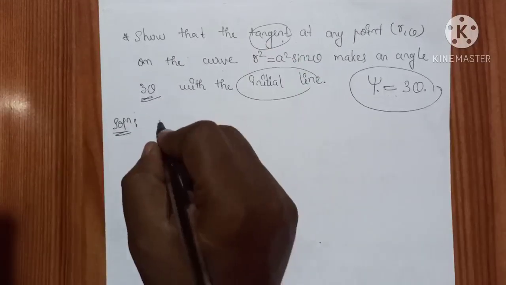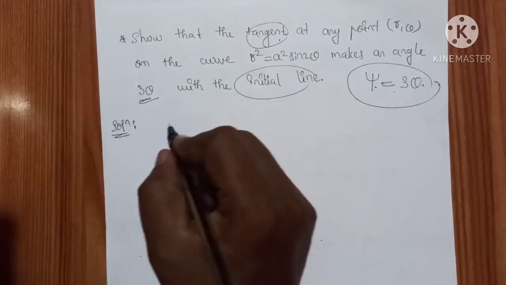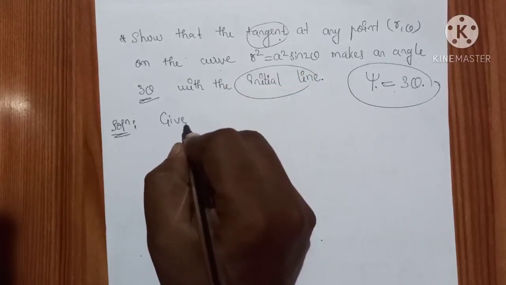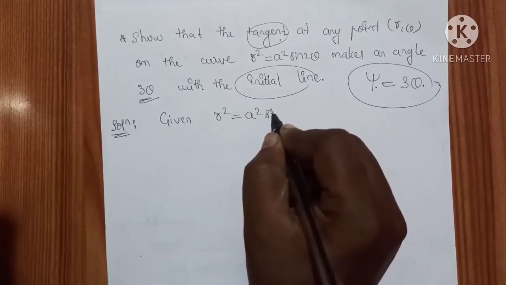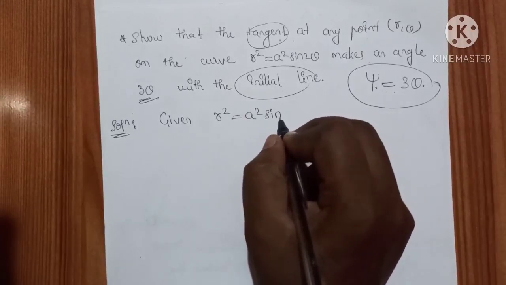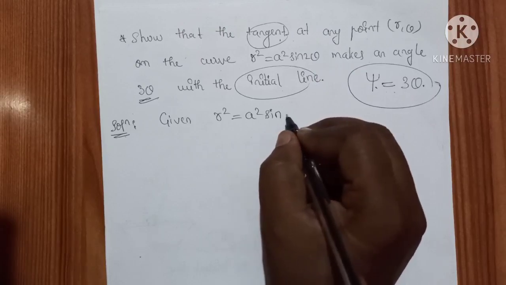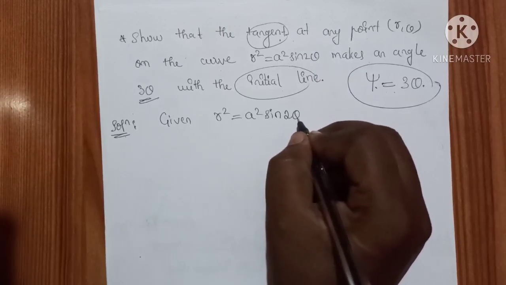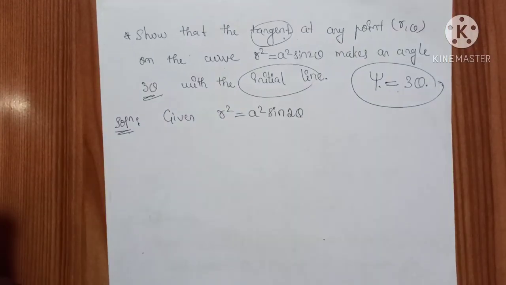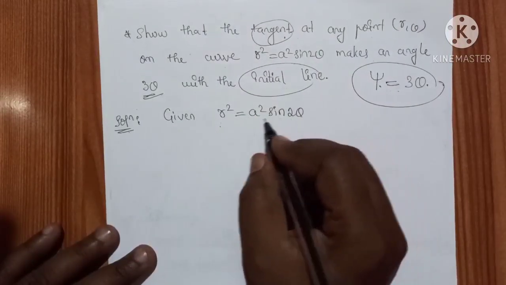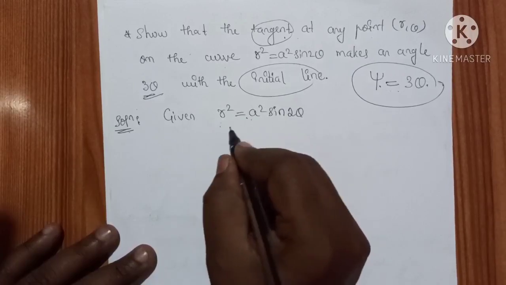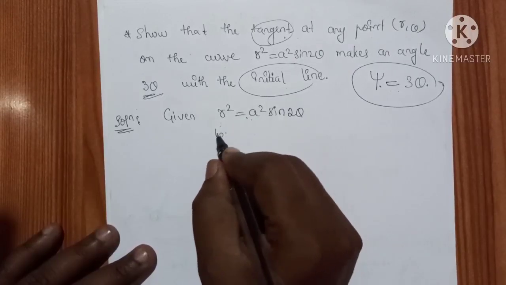Solution. Given curve is r square equals a square into sine 2 theta. Now here we can differentiate directly or we can use the log. Here we use the log on both sides.